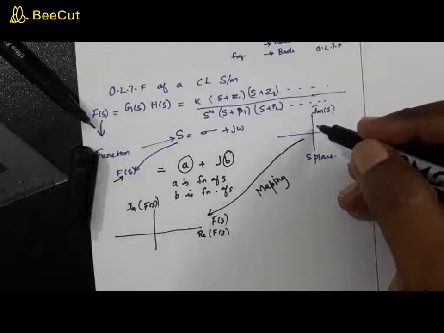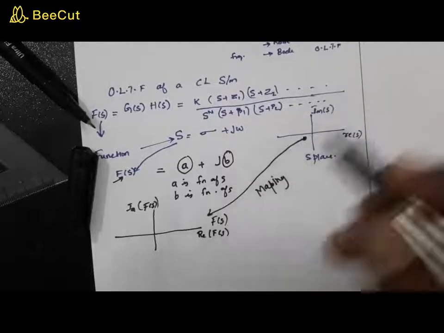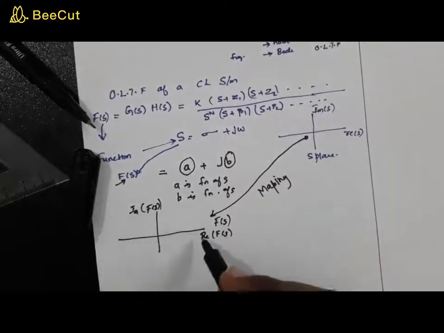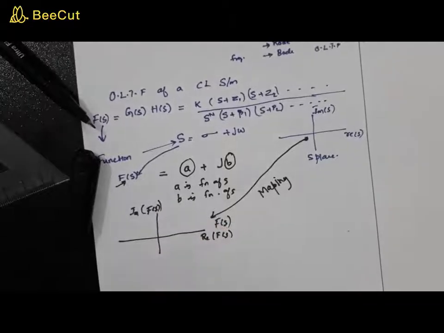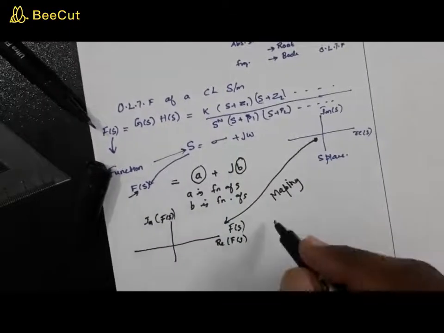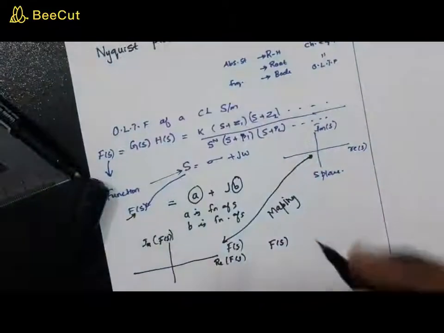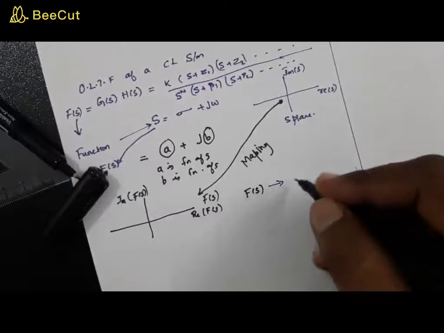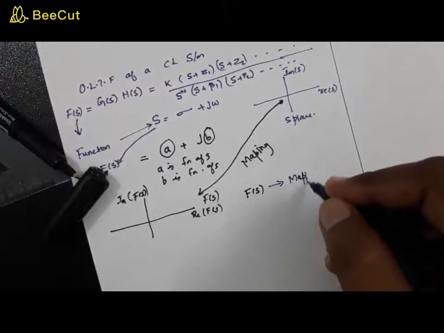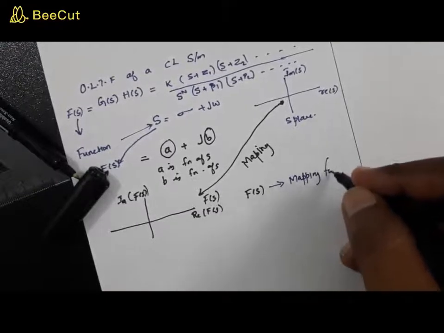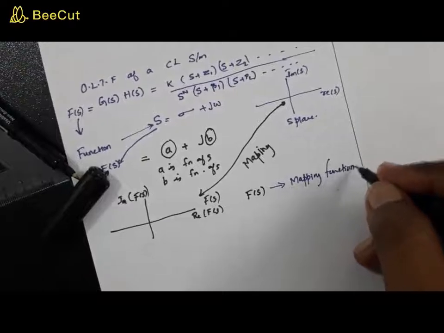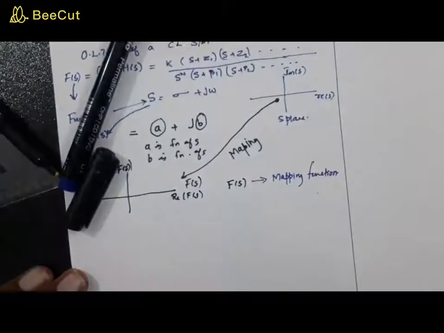So we say that a point in the s plane is mapped into another plane f of s, and this is called a mapping, while this function f of s is called the mapping function. Hope the things are clear up to this point.